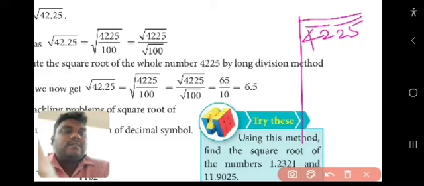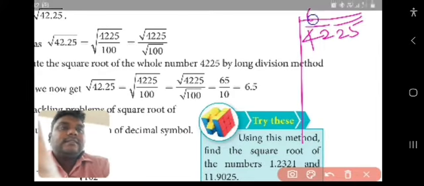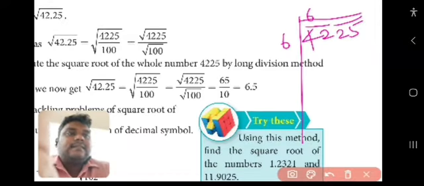What will come first? 42. The nearest to 42 in the square table is 6 6s are 36.